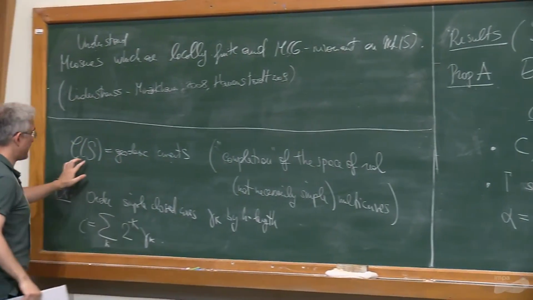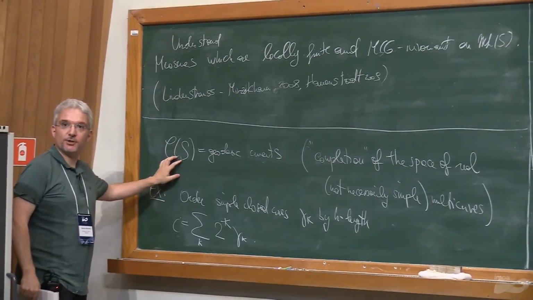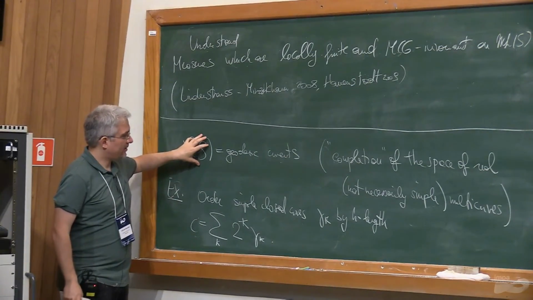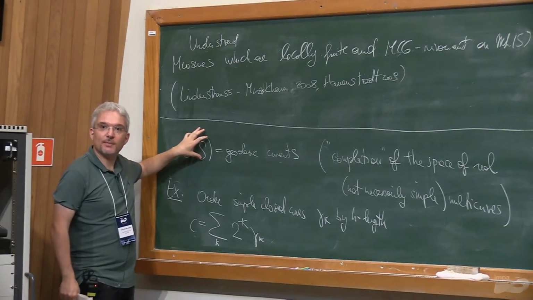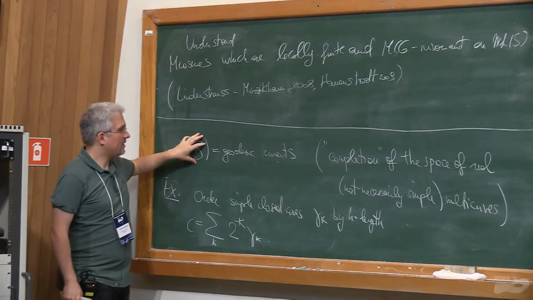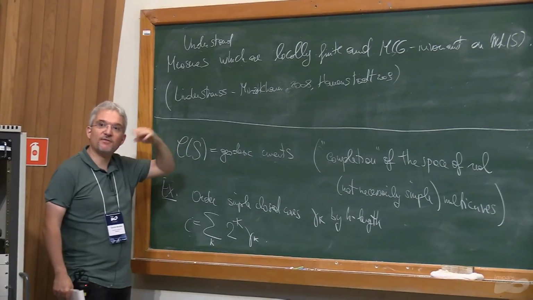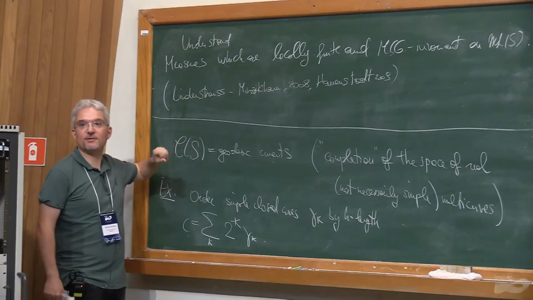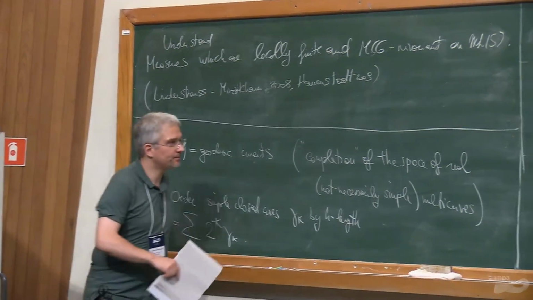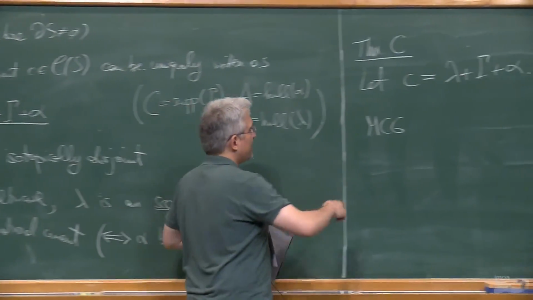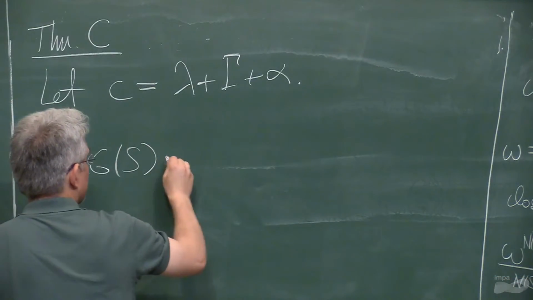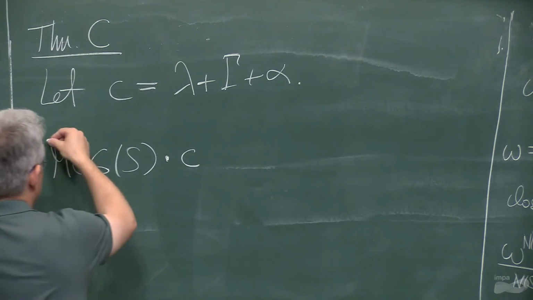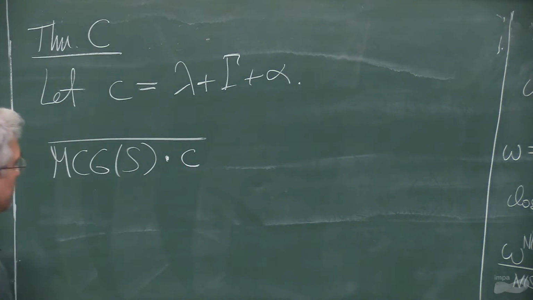So by extension, it acts also on this space and this completion, which I haven't described, but if you take S, you take the unit tangent bundle for some metric, you take measures on the unit tangent bundle which are invariant under the geodesic flow. So basically, these are measures on the space of geodesics on the surface. So you have the action of the mapping class group on this C, and this orbit can be, of course, a mess, but then we want to see what's the closure.